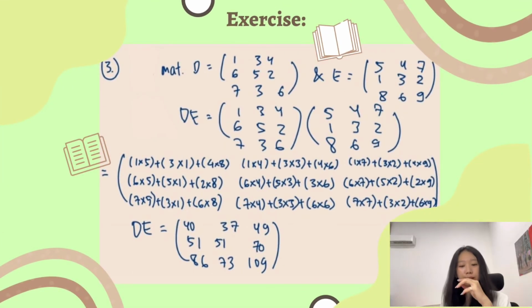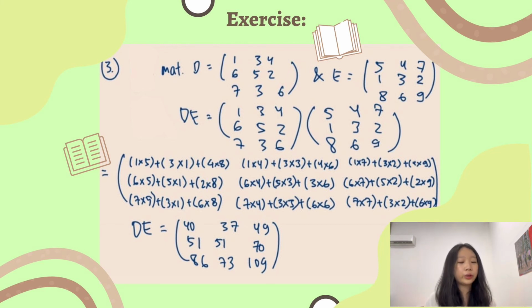For the third example, we have to find the matrix of DE, where the matrix of D and E are already shown. Because it is a 3 by 3 matrix, the way we do it is to multiply A, B, and C with the other matrix, from A, D, and G. So we have to multiply the upper one and then the lower one.